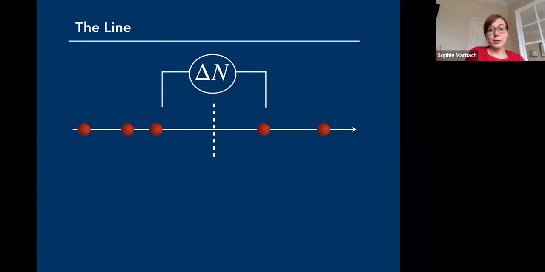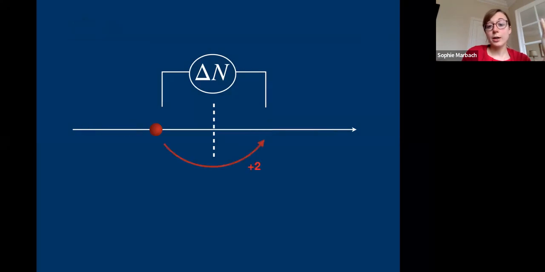Now that everything is on a line, it's perfectly feasible to analytically define what delta n should look like. Since I have n uncorrelated walkers, I can just focus on one, and say I focus on one that started on the left-hand side. If it passes on the right-hand side at some time t, then it will change delta n by a factor +2.